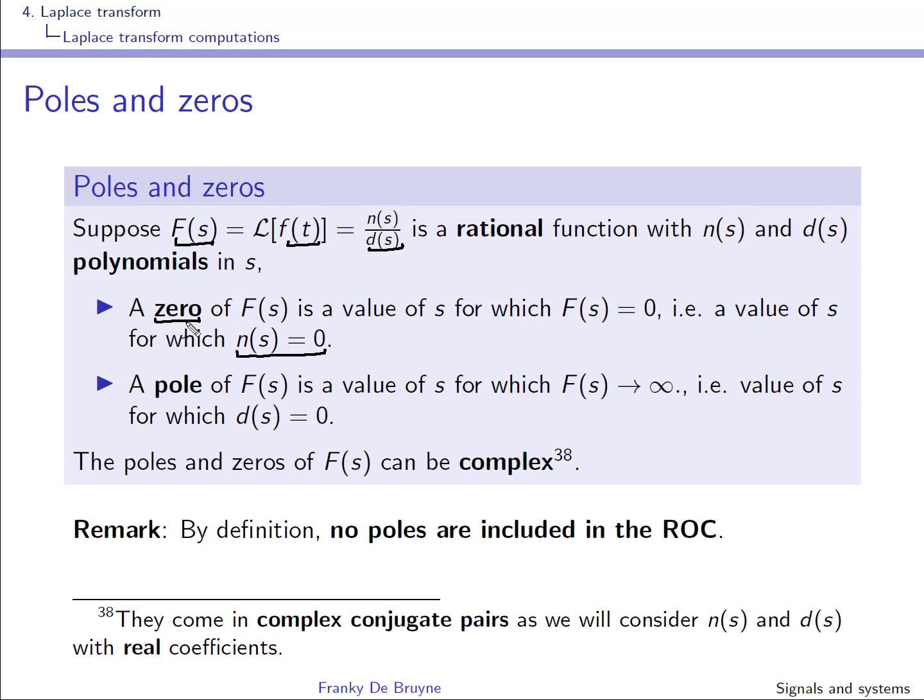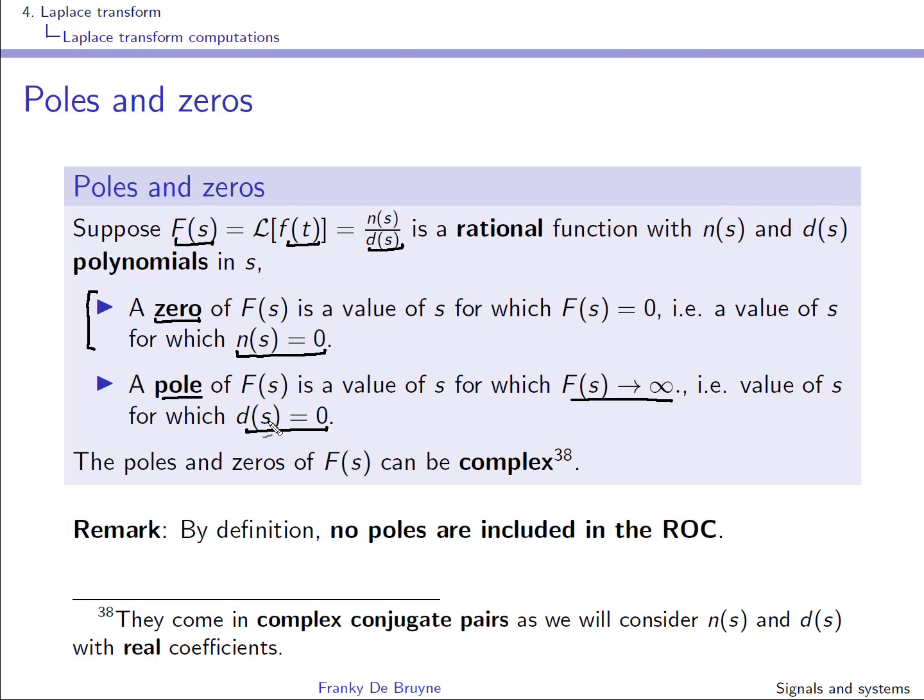And in this course we'll not talk a lot about zeros, but it has implications in courses that you might follow in the future. What we'll use extensively is the concept of a pole. A pole of F of s is a value of s for which F of s tends to infinity. So it's a value of s that is a root of the denominator polynomial. Poles and zeros can be complex.